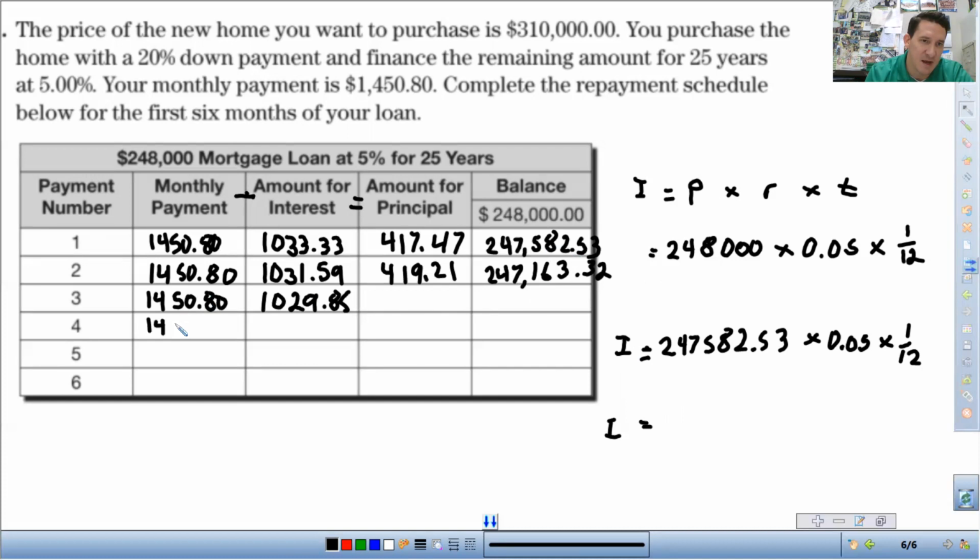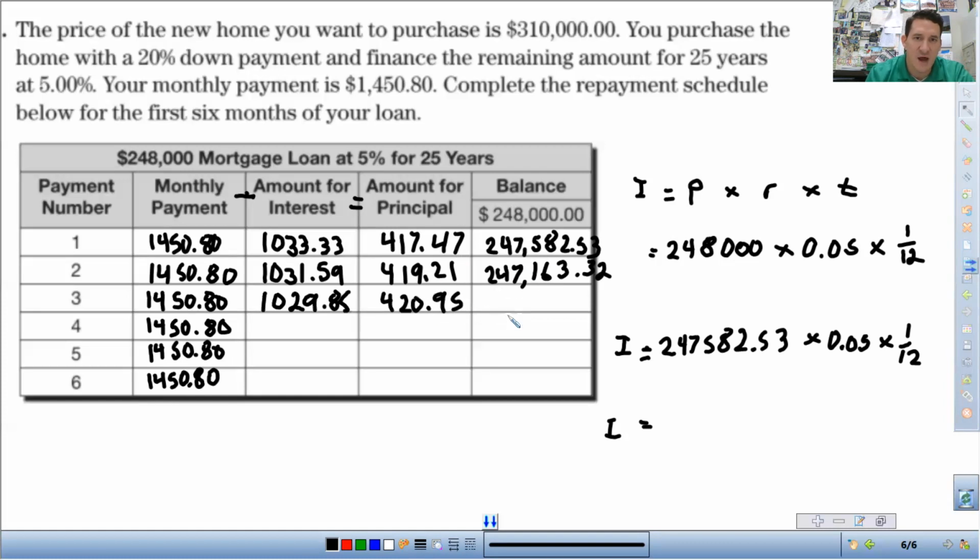It is the same every month, 1450.80. So now I need to do the 1450.80 minus the interest, 1,029.85. That comes out to 420.95.